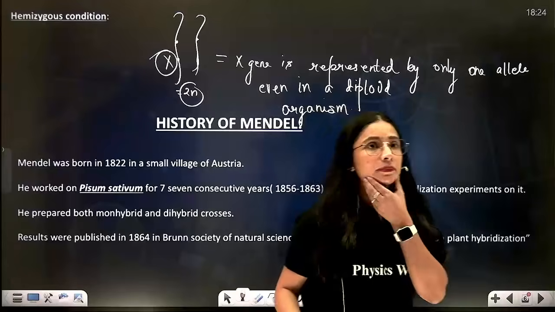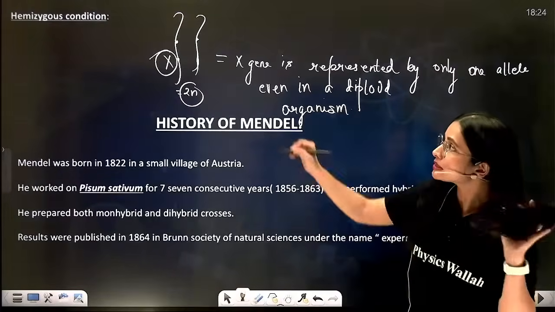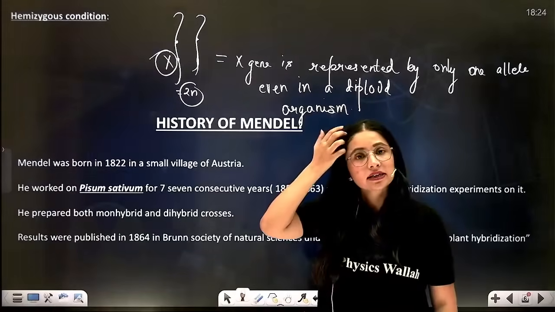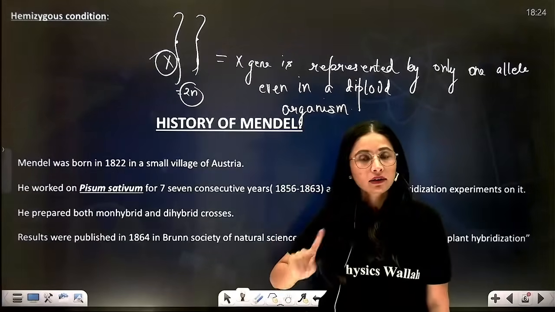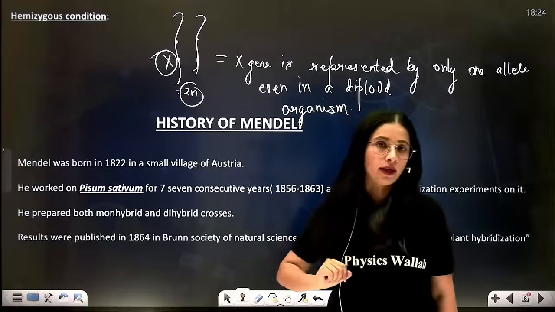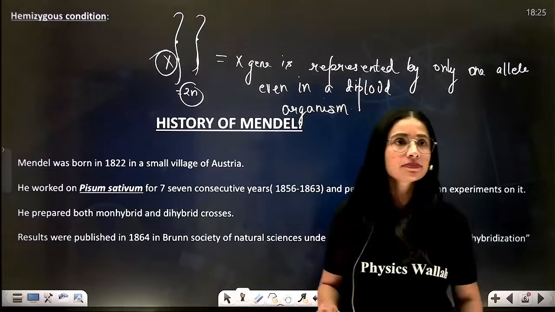So this is known as the hemizygous condition. What is hemizygous? Hemi means one, right? Homo means both the same. Hetero means both but different. I hope all these three terms are clear.